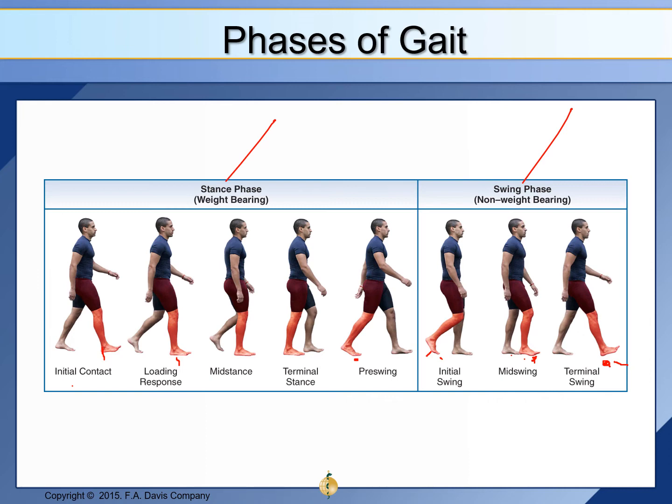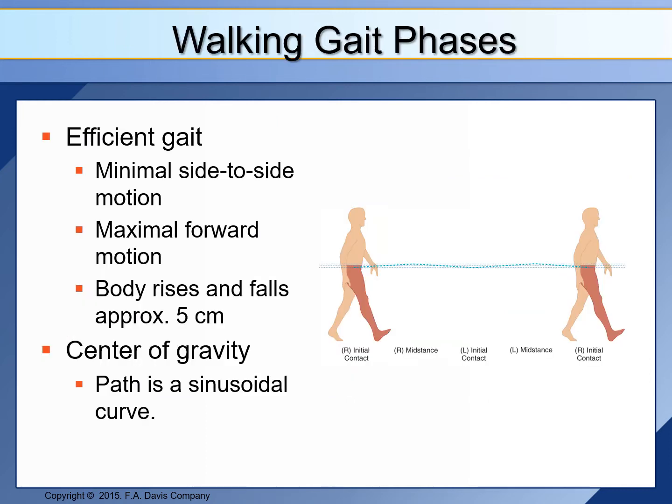Walking gait phases: minimal side to side motion, maximum forward motion, and the body rises and falls approximately 5 centimeters. This is for an efficient gait.